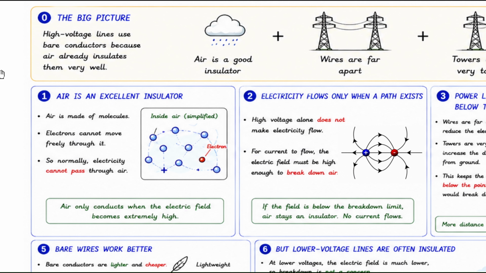Firstly, in order to understand why air is considered a good insulator for these conductors, we have to understand the physics of what air is made of. Air is made of molecules, and in this simplified diagram, air has electrons and protons very spaced apart from each other, and the electrons do not freely move in the air.